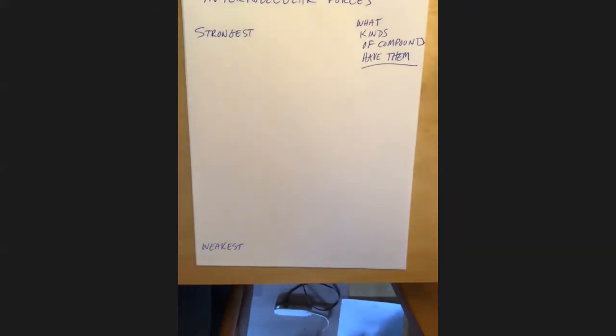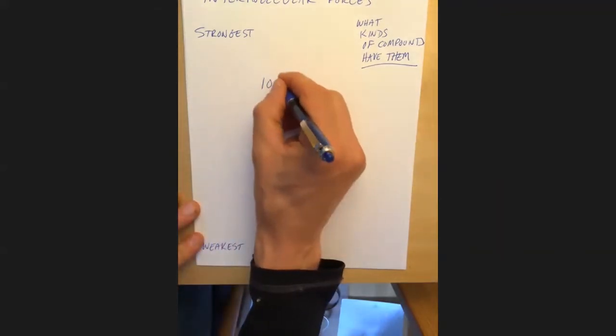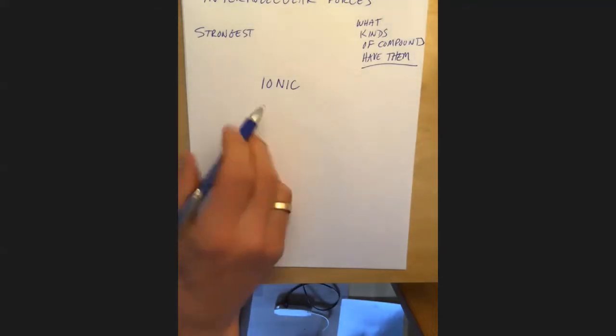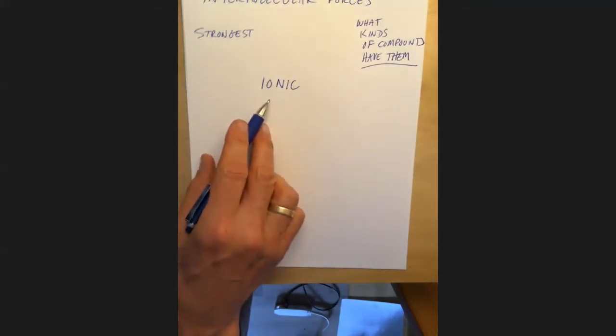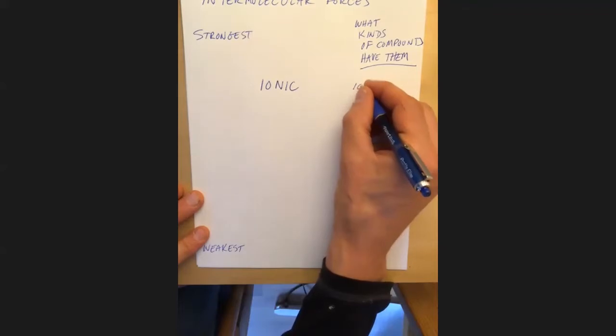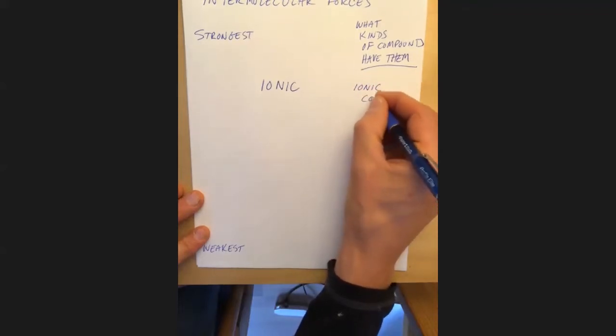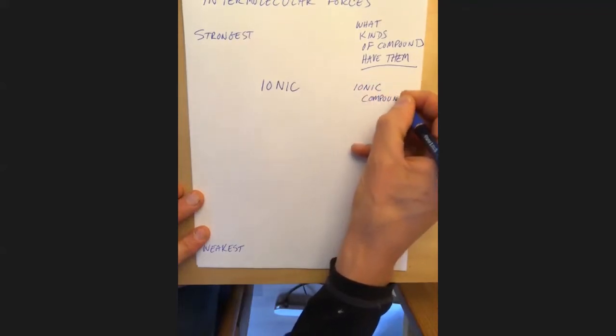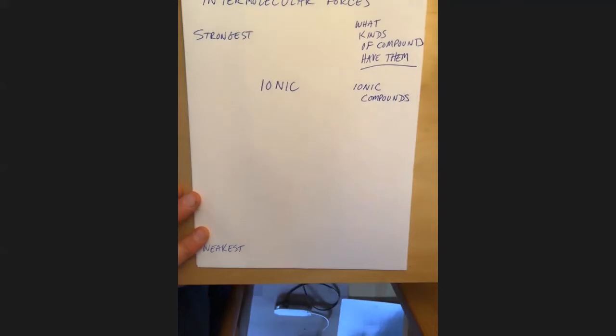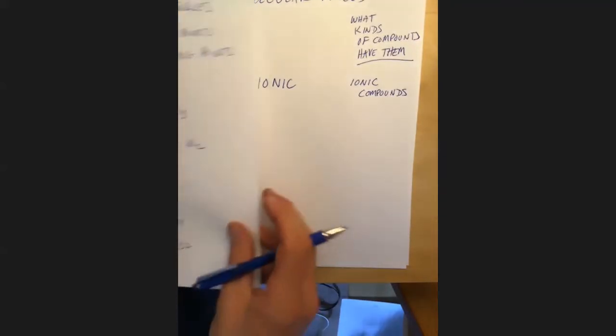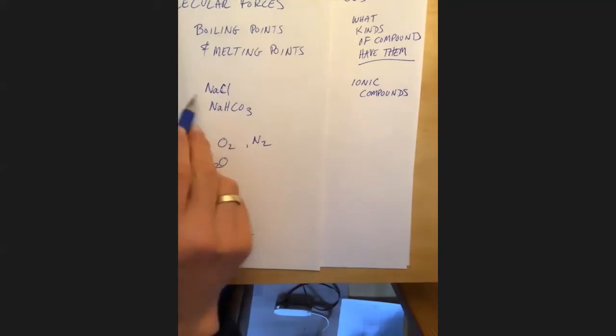All right, so the strongest ones are ionic forces. And ionic forces, funnily enough, are in compounds that are ionic compounds. We saw those with the sodium chloride and the sodium bicarbonate.